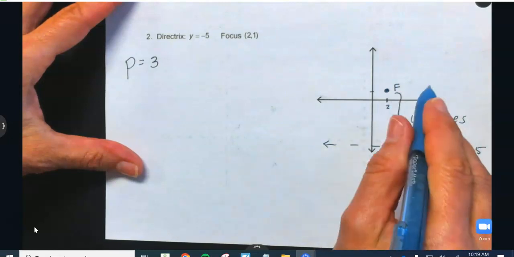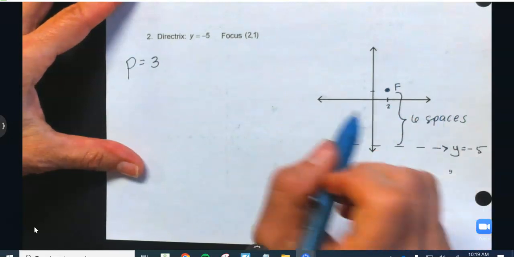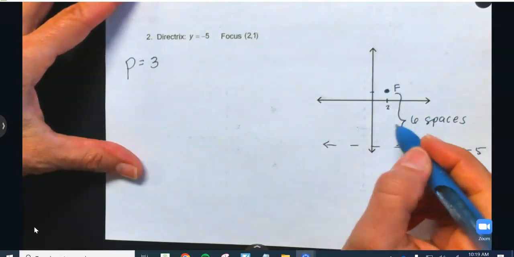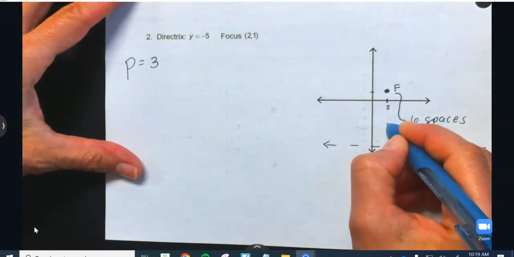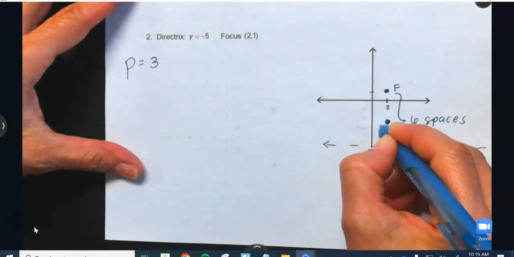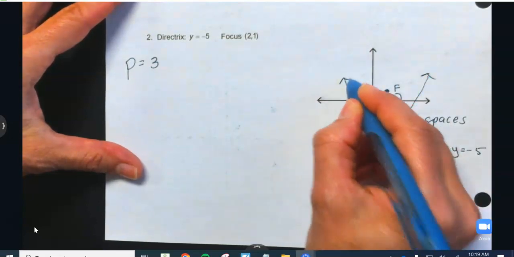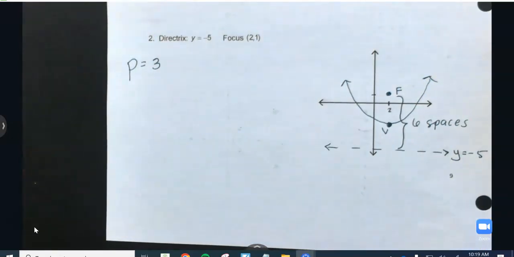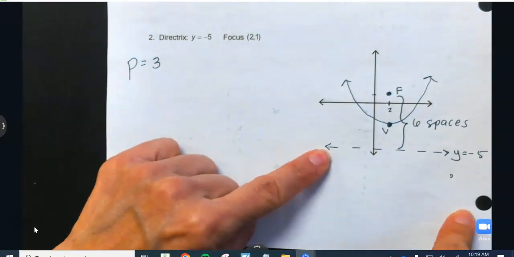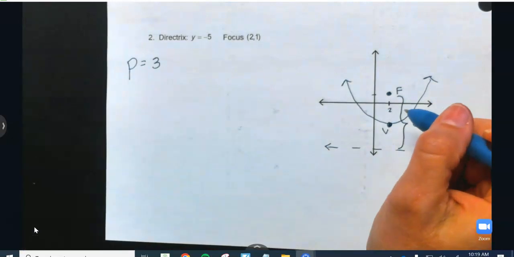Is it going to open up or down? Okay, no, we're going to leave it positive. All right, so I'm just going to guess like right here in the middle is the vertex. We've already determined it does open up. Y'all can never cross the directrix. That's like almost dividing by 0. So never, ever cross the directrix. So obviously it has to open up.